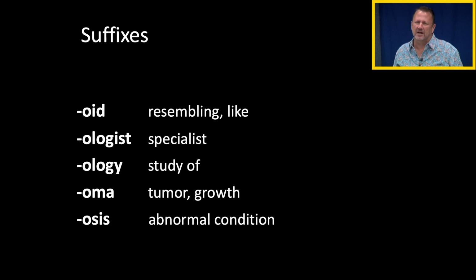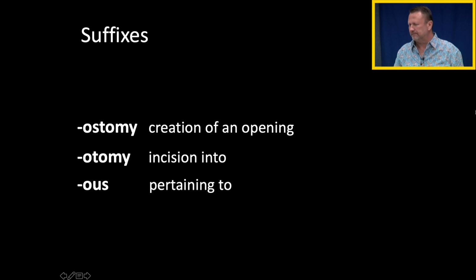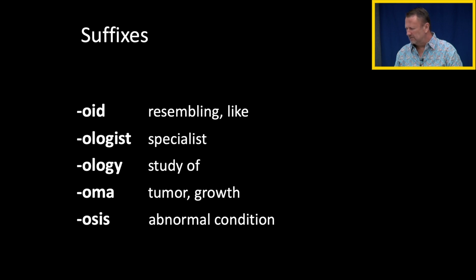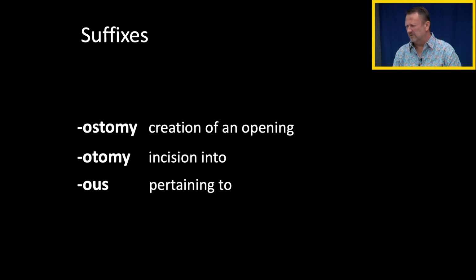Osis just means any kind of abnormal condition, and so there are all sorts of osis words in medicine. They don't mean anything specific. An ostomy is an opening, because os means mouth somewhere. So when we create an opening, we create a mouth, that's an ostomy, which is different than an otomy, which is an incision into, which is different than an ectomy, which is the removal of.